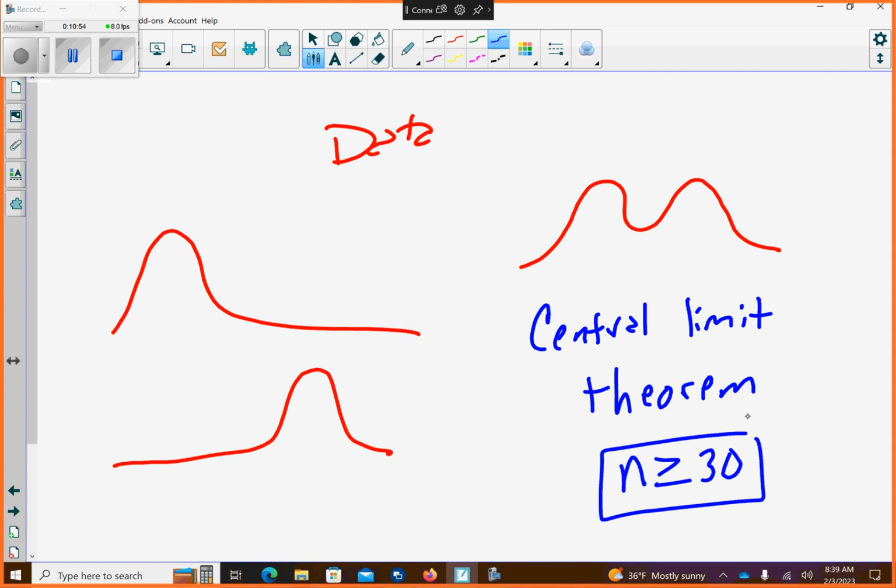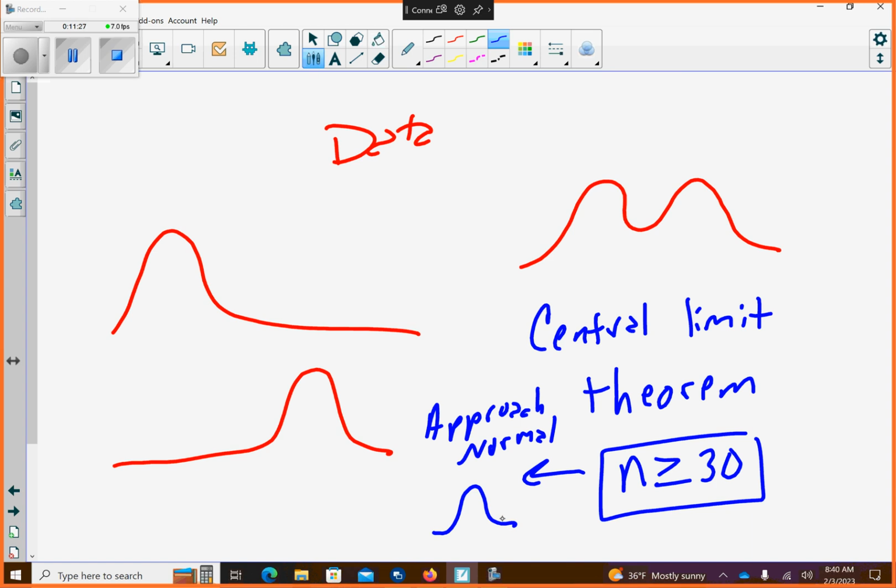So it means you're going to select 30 people or more, or 30 items or more. The central limit theorem is going to allow something that is not a normal distribution to become, as your sample grows, approaching a normal distribution. Okay? This is going to allow our goofy graphs to approach a normal distribution, meaning it'll make it closer to look like that.